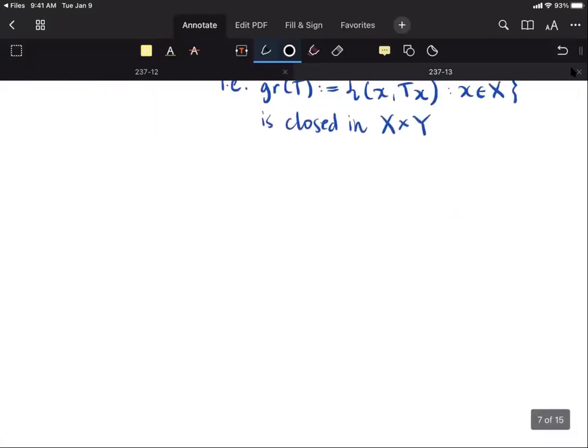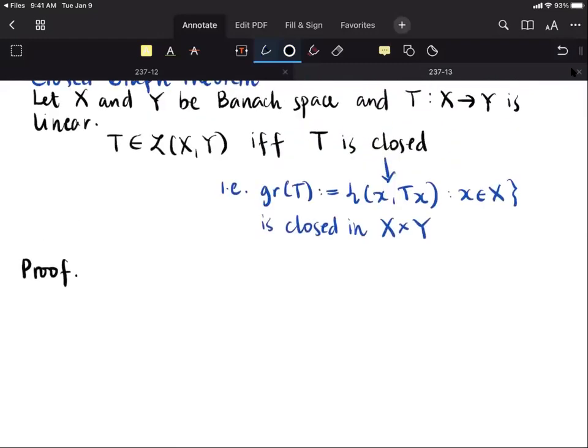Okay, so let us look at the proof. There are two directions. So let's start with this one. Let T be linear and bounded.